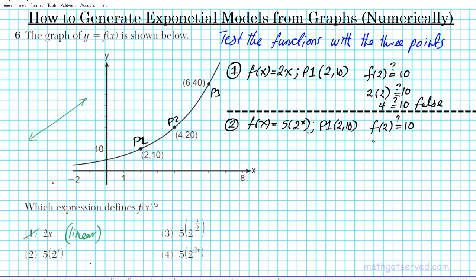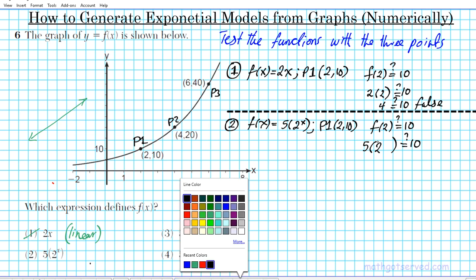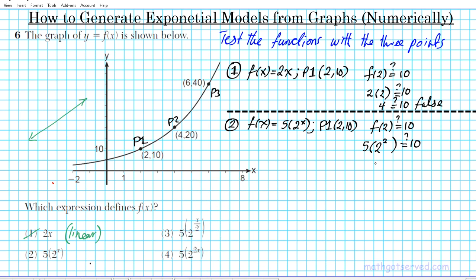The function is 5 times 2 raised to the input, which is x. Is it equal to 10? The x value is 2, so we can replace that x with 2. Just plug in 2 into the function. When we plug 2 into the function, we have 5 times 4.